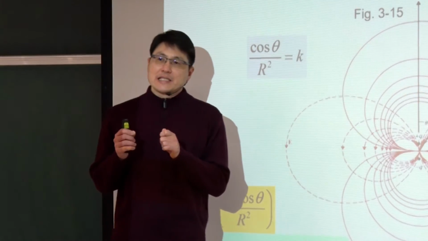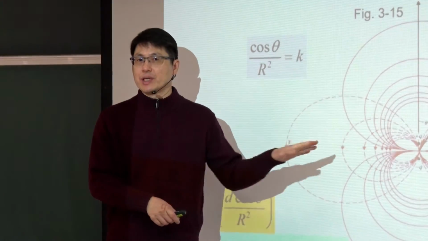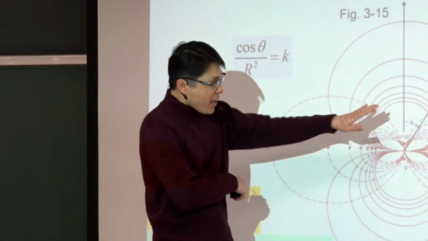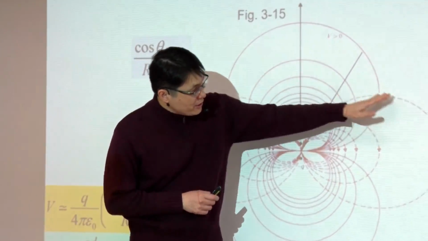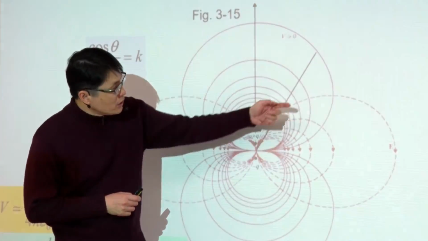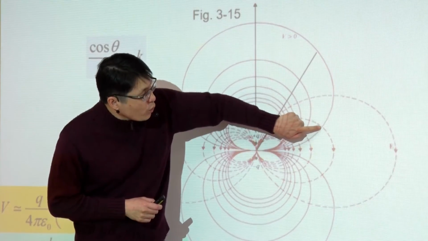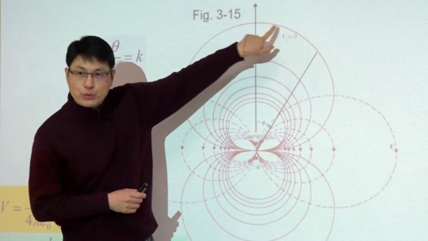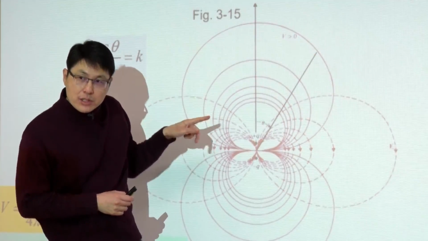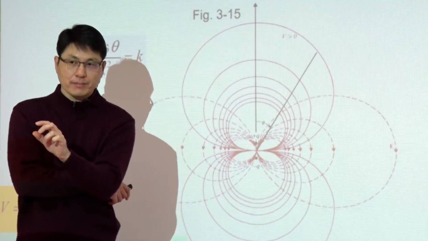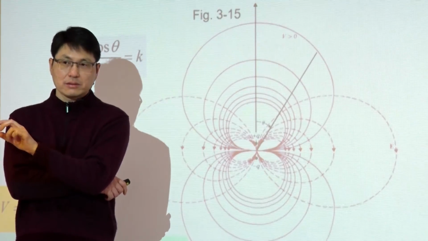What other special aspect do you notice? Everywhere in this figure, the solid lines show the equal potential contour. So try to link that to how I introduced the gradient.